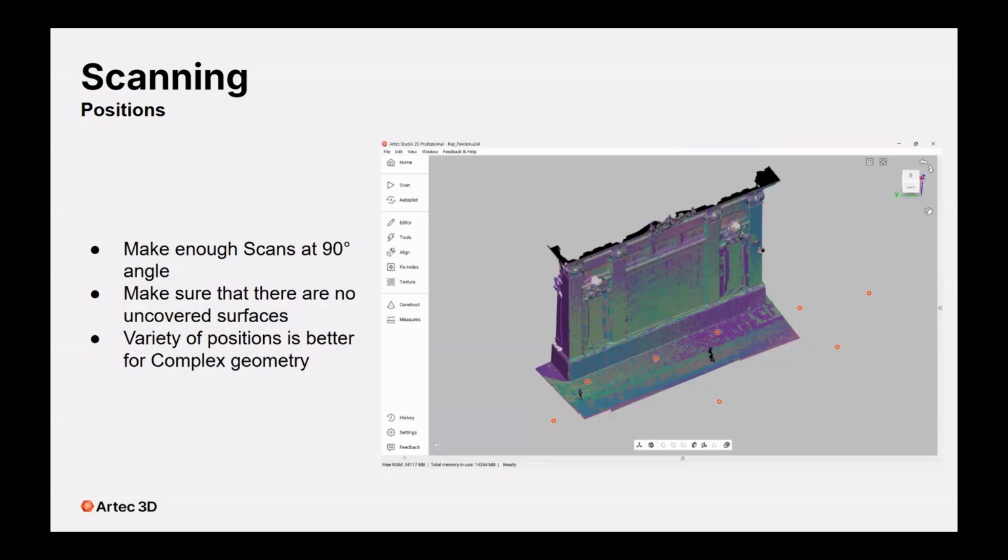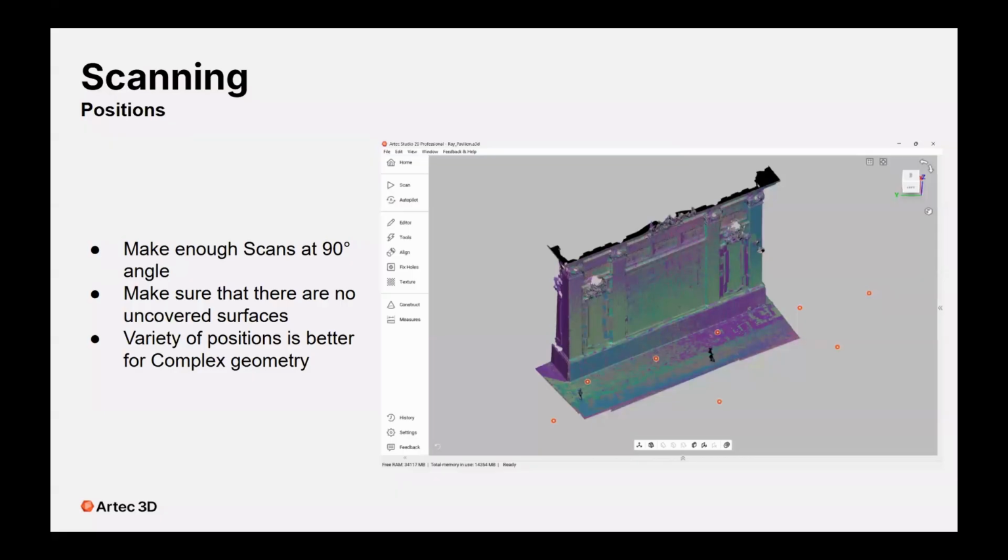These are the positions of the scanner. As you could see right here, we have 4 scans at a 90-degree angle at different steps to our facade. And then we have 4 different positions which are way back, but they are made elevated, so they are at a different height.